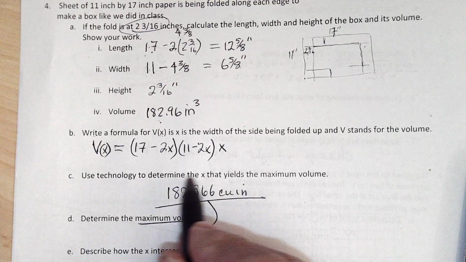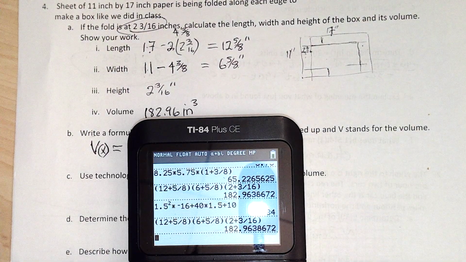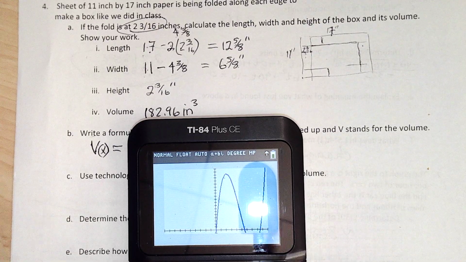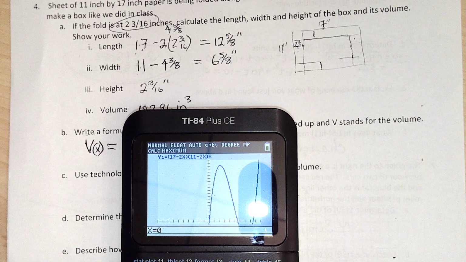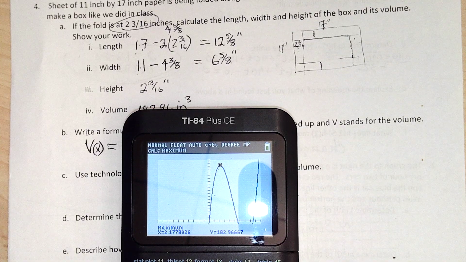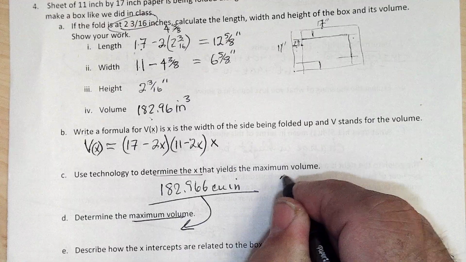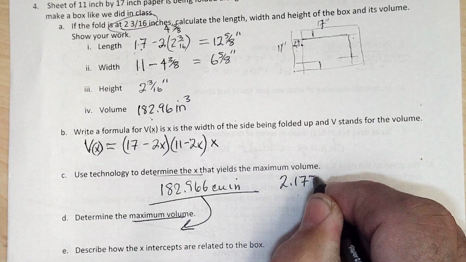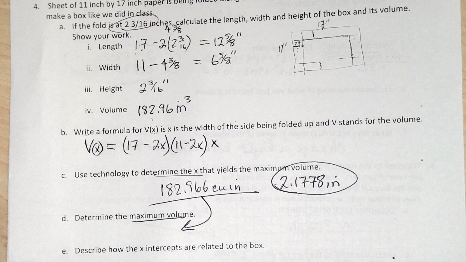I misread the question here. Determine the x that gets the maximum volume. And that was second, calculate the maximum between 0, enter, 5, enter, and 2 is my guess, and it says 2.1778 inches.